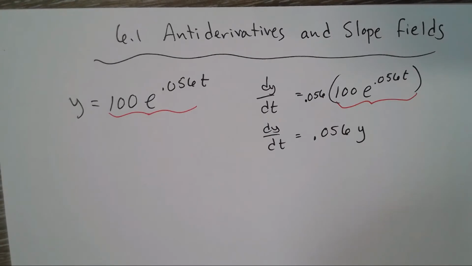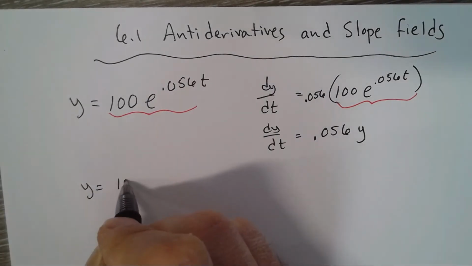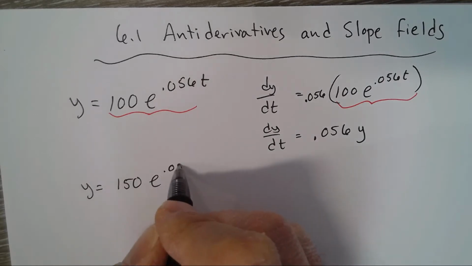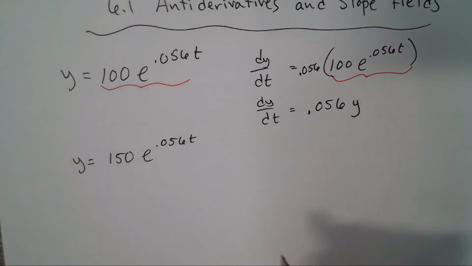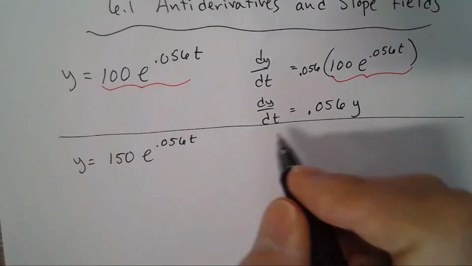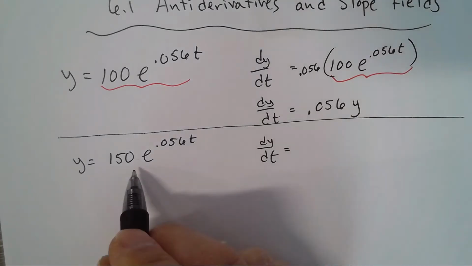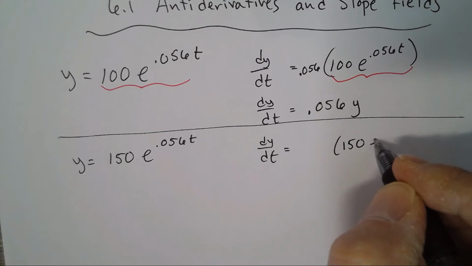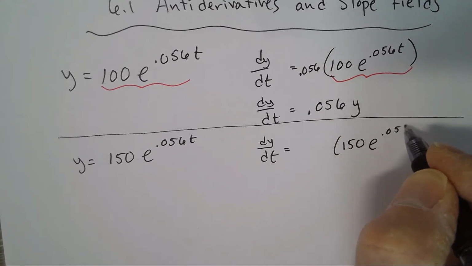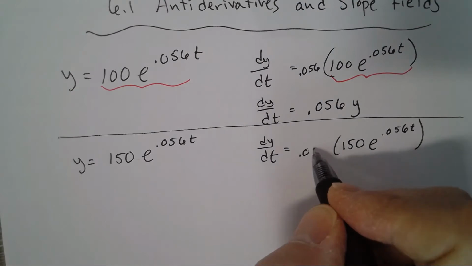Trying another one. Let's say y is 150 e to the 0.056 t. Then our derivative would be the same thing. We'd have 150 floats, e to the u times the derivative of the exponent, which is 0.056.